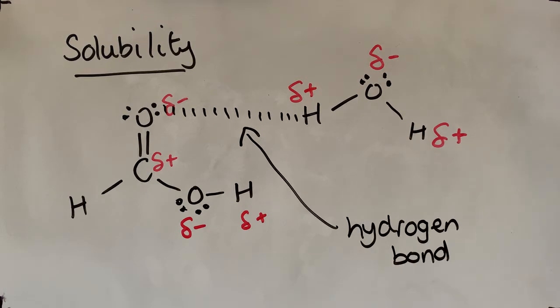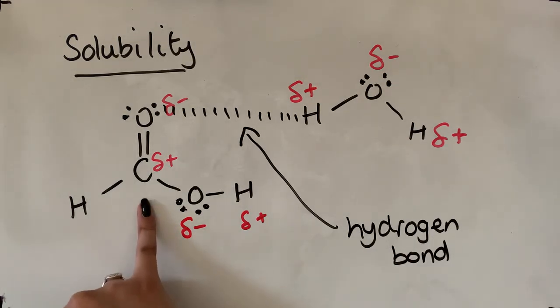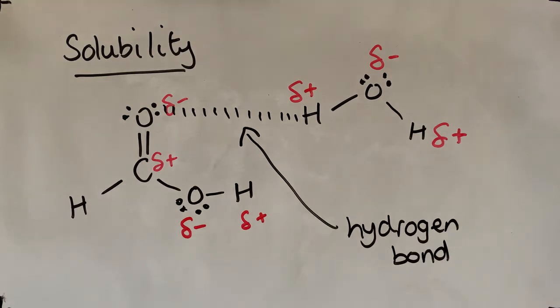As with alcohols, as you increase the carbon chain, so this is methanoic acid only with one carbon. If I go down to ethanoic and propanoic acid, they're still going to be soluble, but the solubility begins to decrease. Methanoic acid is the most soluble one. As you increase the carbon chain, it becomes less soluble. They are soluble up to butanoic acid.